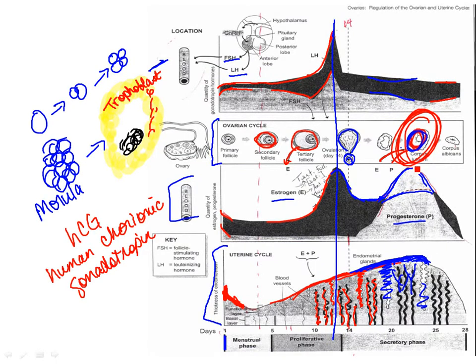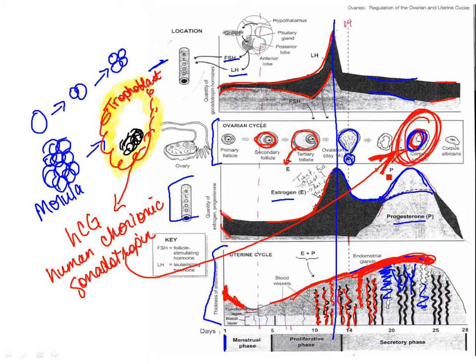Remember, the corpus luteum secretes the estrogen and progesterone that keeps that uterus ready for pregnancy, ready for implantation. So if you have a trophoblast, it secretes HCG. HCG maintains the corpus luteum. Isn't the body amazing? I think this is such a really, really cool thing that happens.